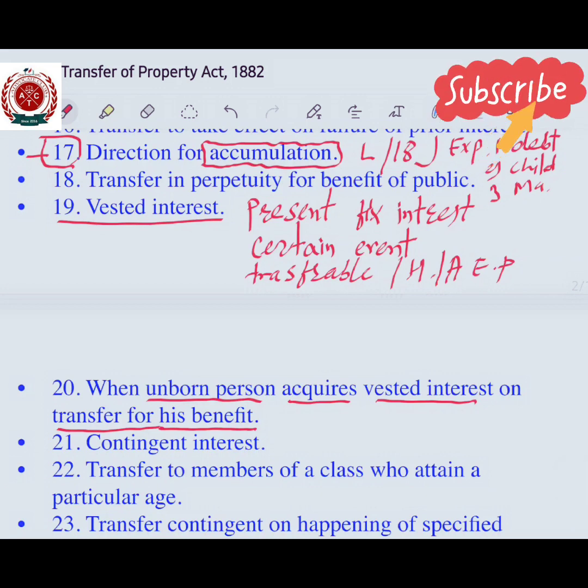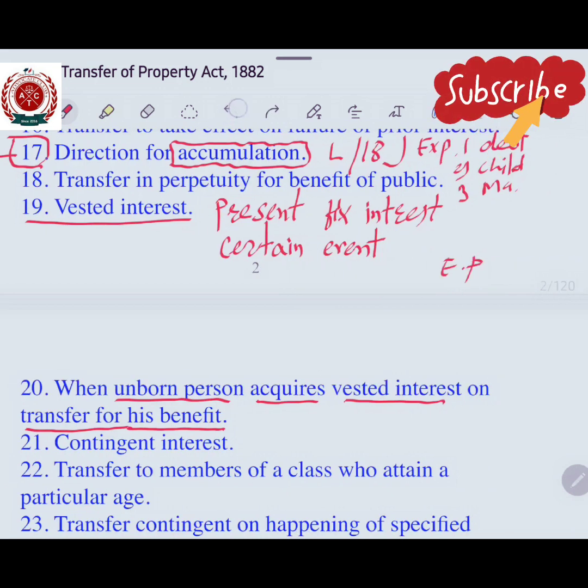The right is not defeated by the death of the transferee. If the transferee dies, there is no effect on this transaction, because ownership is transferred in a vested interest; only possession is on hold.